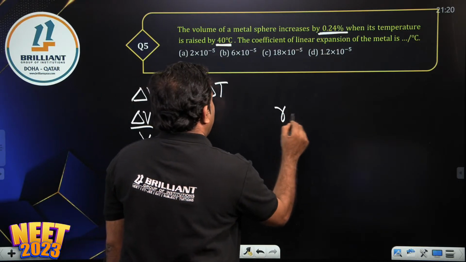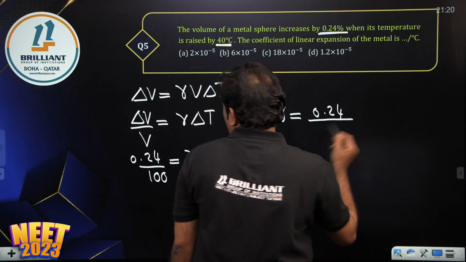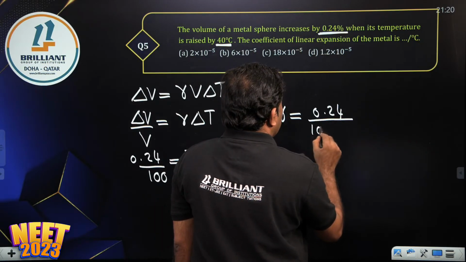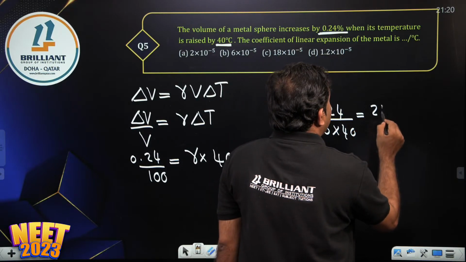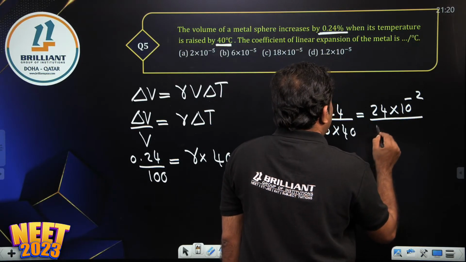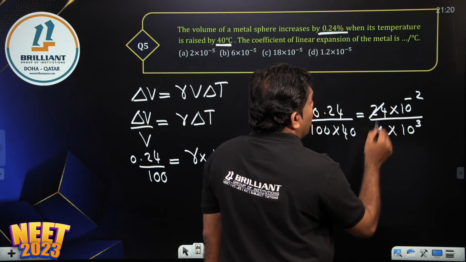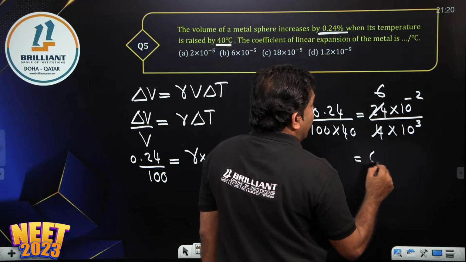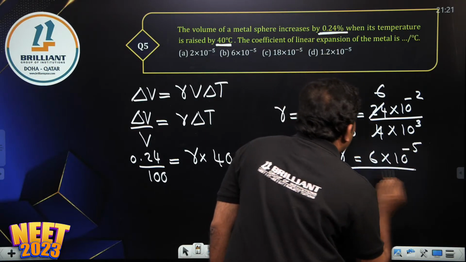So I can find gamma is equal to 0.24 divided by 100 into 40. And 0.24 I can write as 24 into 10 raised to minus 2, divided by 4 into 10 raised to 3. 24 by 4 is 6. So we can say 6 into 10 raised to minus 5 is gamma.